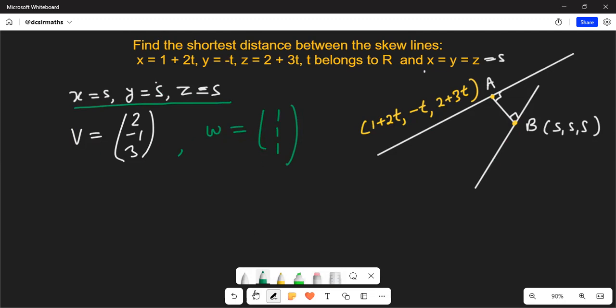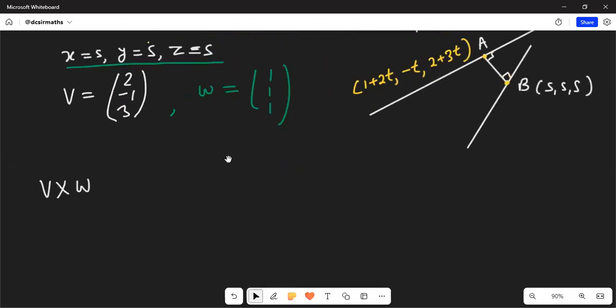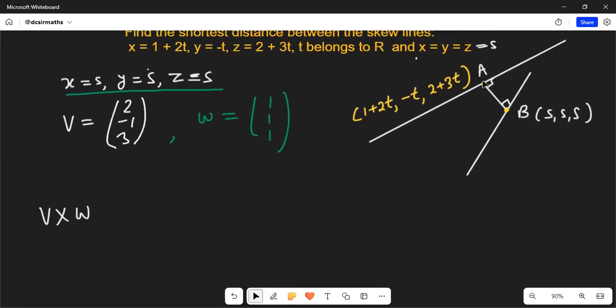Once you know V and W, you can find V cross W, because later you are going to say that AB is parallel to V cross W. V cross W is a vector perpendicular to both the first line and the second line, and our shortest distance is also perpendicular to both lines. That means the AB vector and V cross W would be parallel. So that concept we are going to use.